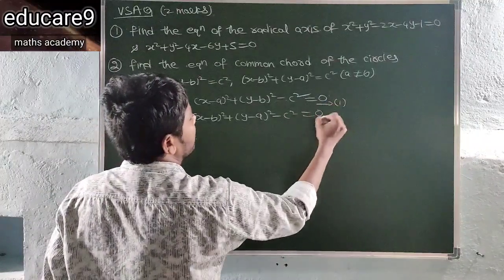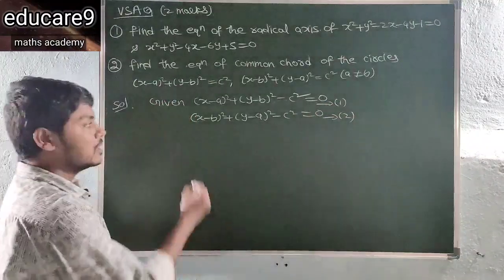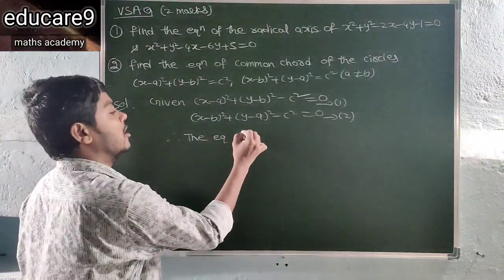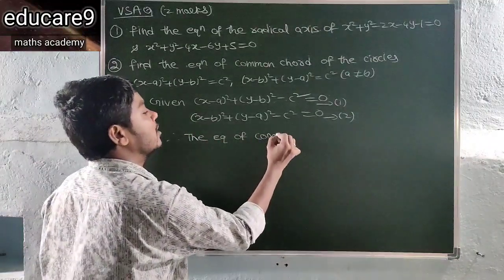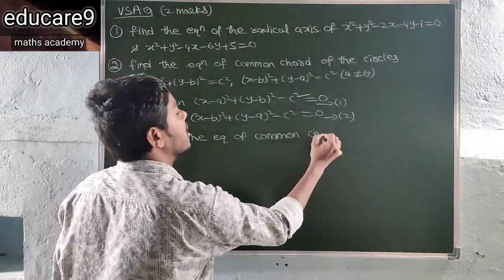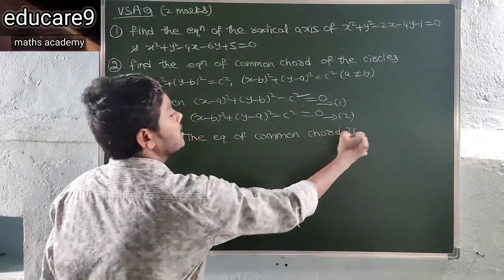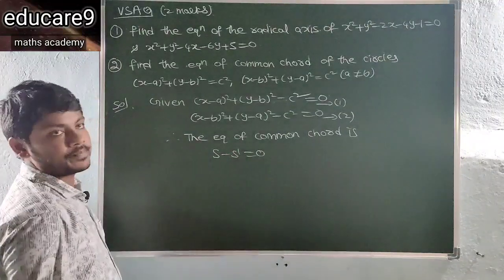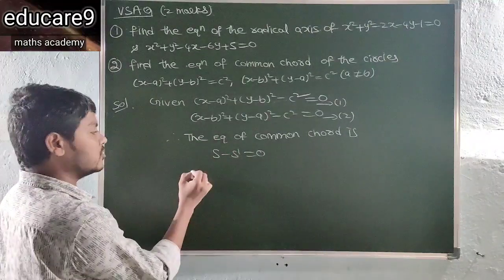This is equation 1, this is equation 2. So therefore the equation of the common chord is S minus S dash equals 0.